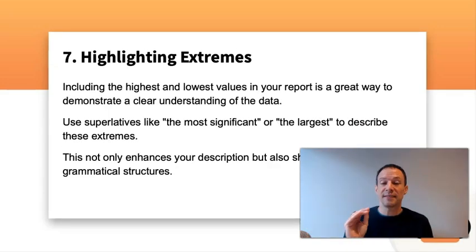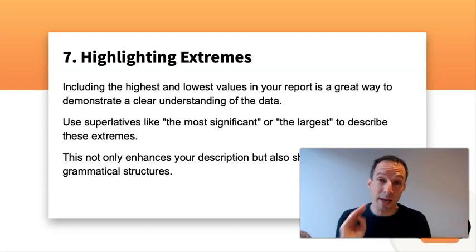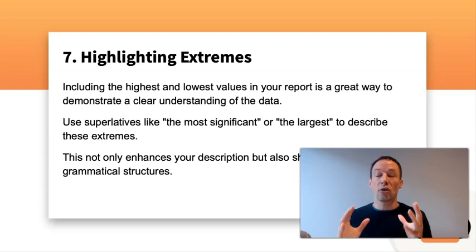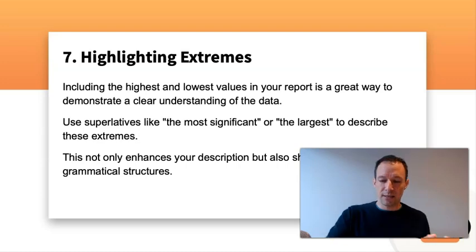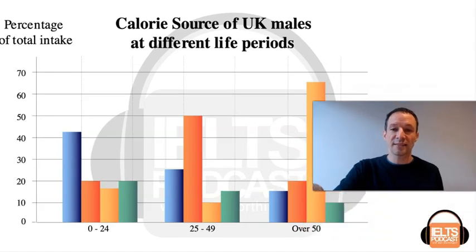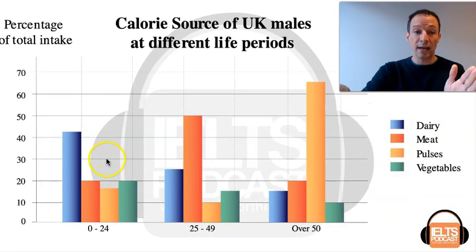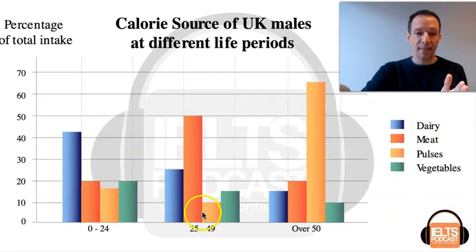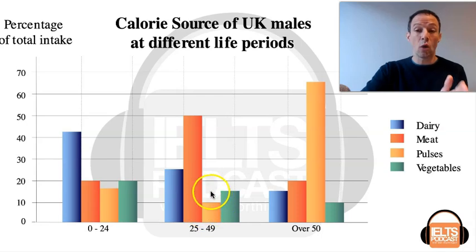Highlighting the extremes. This is a great way to get started when you're really confused about a chart. Just go to the extremes. And let's just go back to this one. So as I said right at the beginning, here are our extremes, and there's another extreme because it's the lowest data point on the chart.